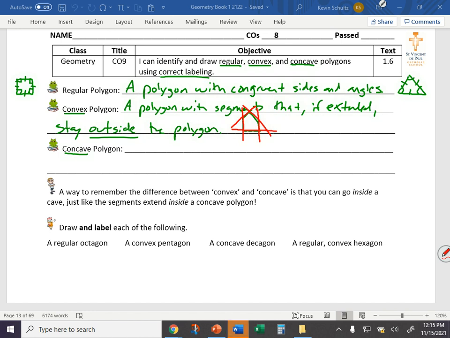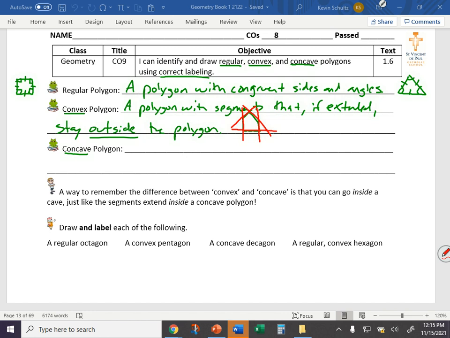They all stay on the outside. Wouldn't the normal pentagon at the bottom of this page be one too? Yes, that would be one as well. In fact, any regular polygon will have to be a convex polygon.